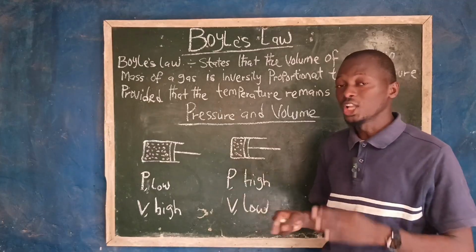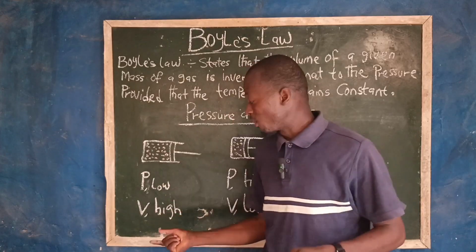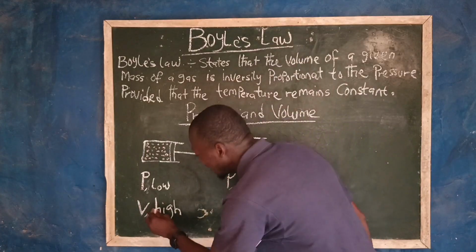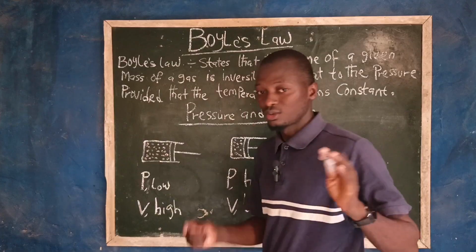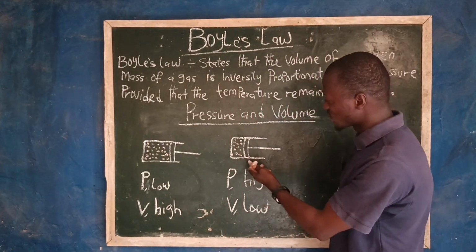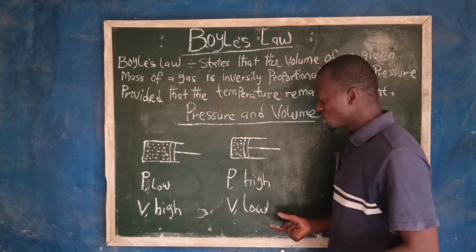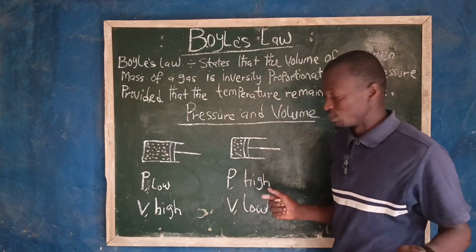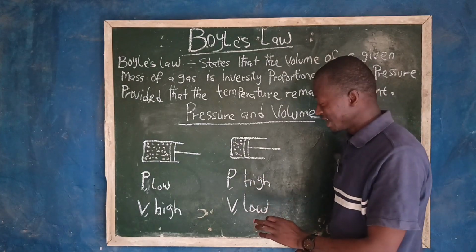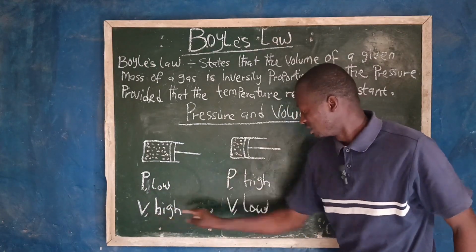Here we have a lot of particles inside this container, that is why our volume is high. But in this container, the particles inside are very few. That is why our volume is low, and here our pressure is high. You understand? That is the difference. Pressure low, pressure high. Volume high, volume low.